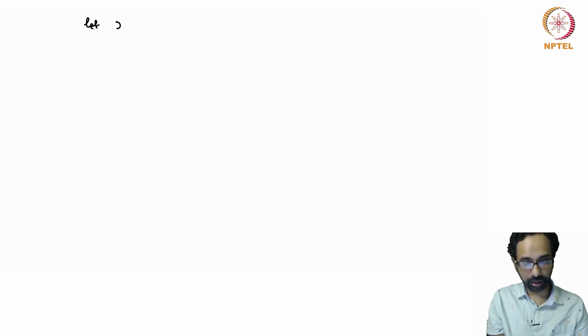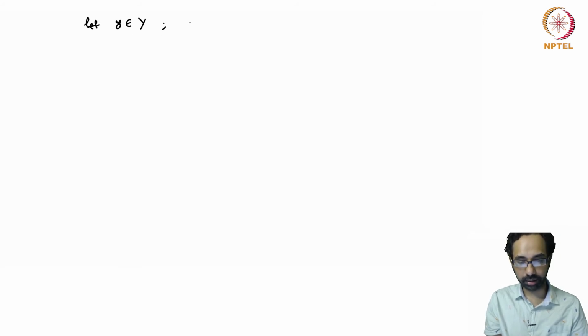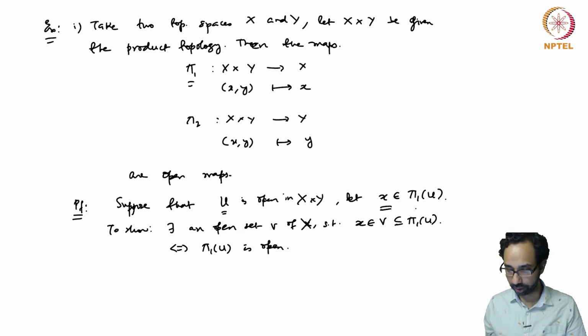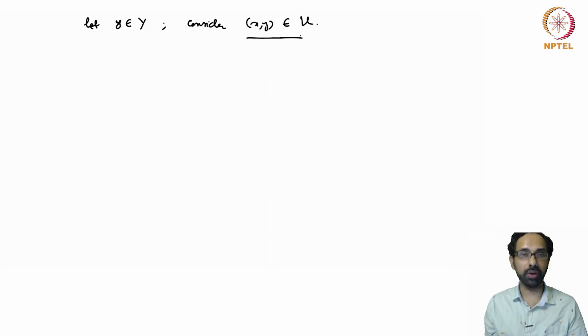Now to show this, let us take a point y in Y such that (x, y) belongs to the set U. Remember that x was the point chosen in pi1(U), so there exists such a y such that (x, y) belongs to U.